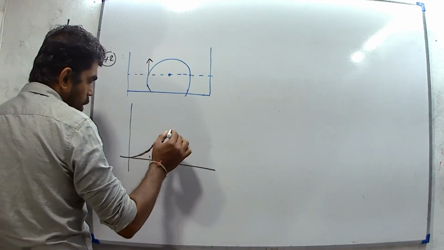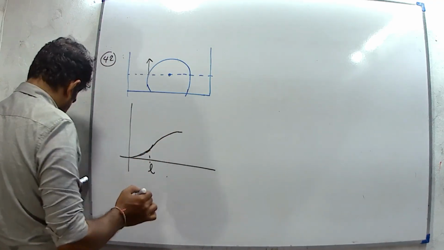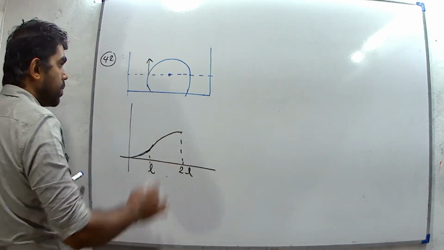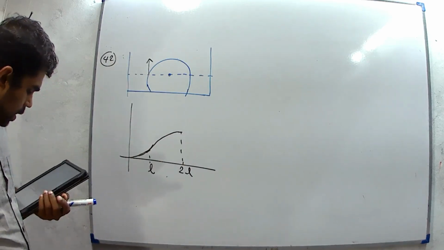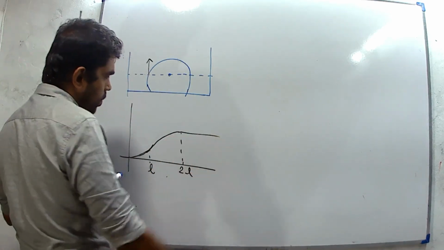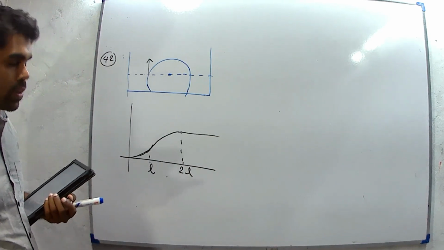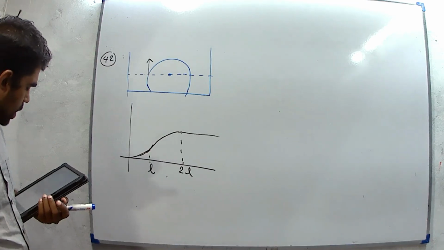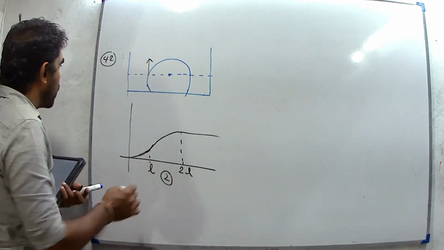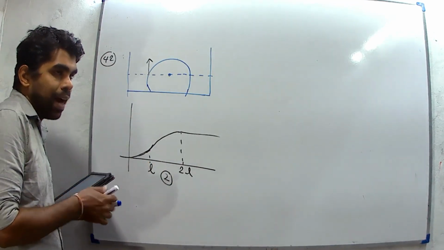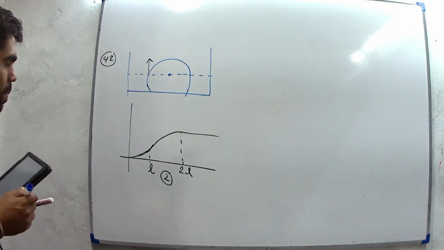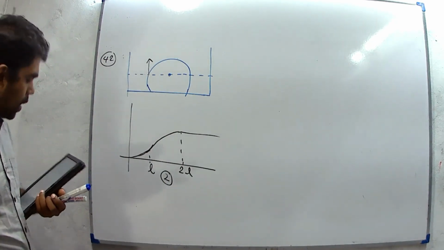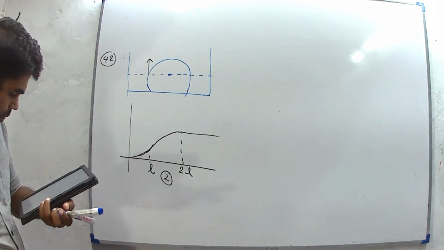Therefore, it should be like this, up to 2L. And after that, there is a constant upward force. Then the second answer is the correct answer for question number 42. We have used V rho G, where V means immersed volume. We have to consider the change of immersed volume with height.